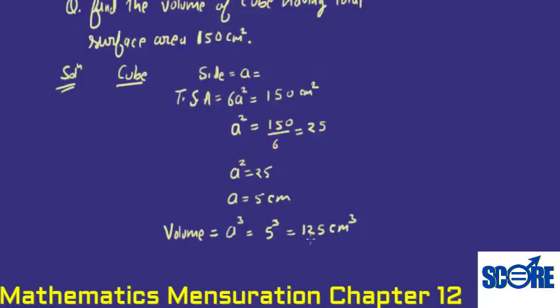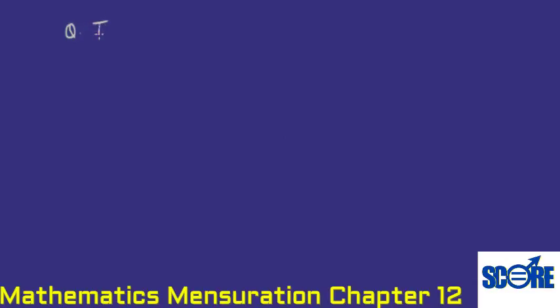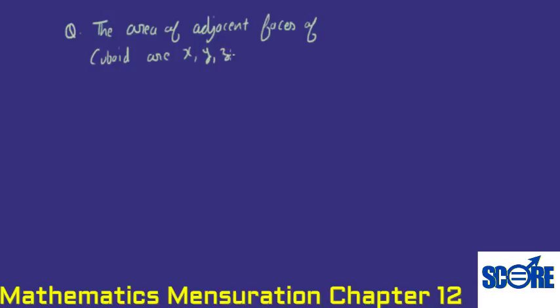Now let's do one more problem. The areas of adjacent faces of a cuboid are x, y, z square unit.